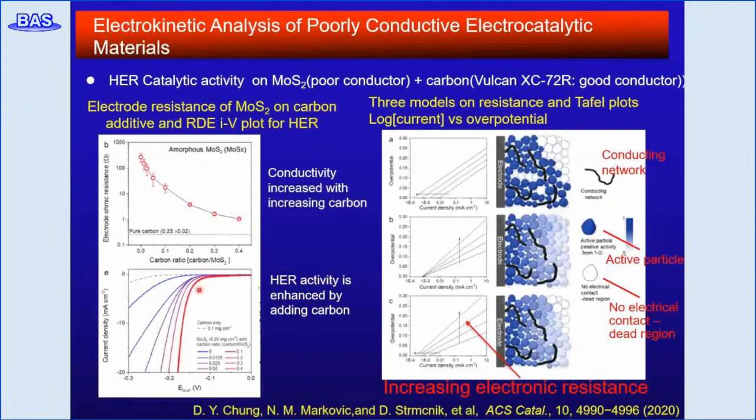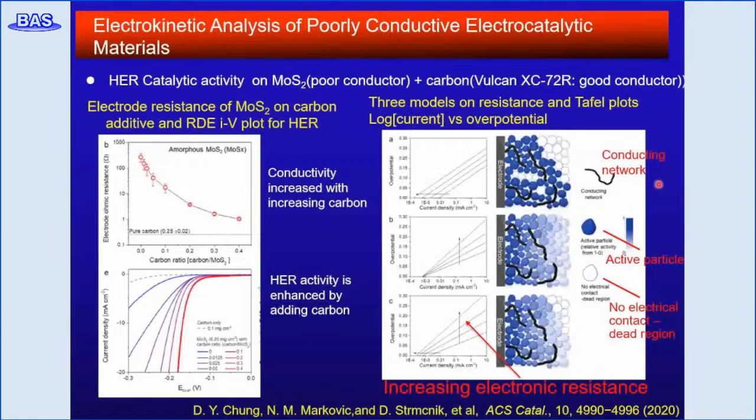These are 3 models for electron transport between the electrode and molybdenum sulfide particles. The blue circle is a case where the molybdenum sulfide received electrons from the electrode and reduced at the solution interface.